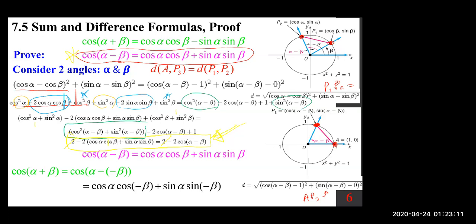Professor, so all you did was make beta negative? Yeah, because class, why don't you do this? How about, let me use a different color. I'll use a green one. How about if negative beta is the same as theta, let's say.